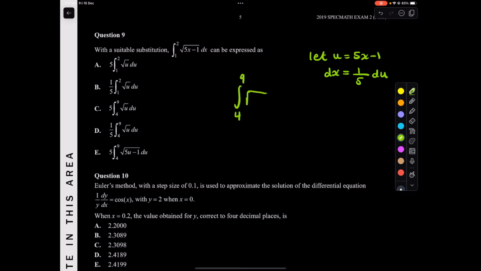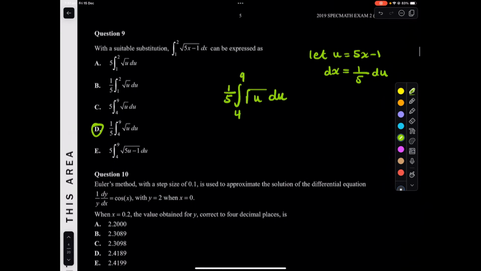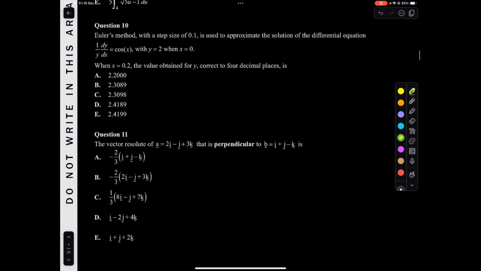So rewriting this, it's the square root of u, since 5x minus 1 is just u, multiplied by dx, which is 1 over 5 du. Which one looks like this? 1 over 5, 4 to 9. Looks like D is your answer for that one. Done. Very, very simple for this one.